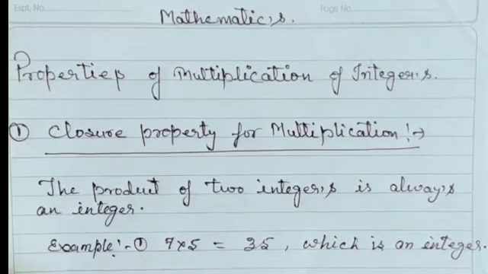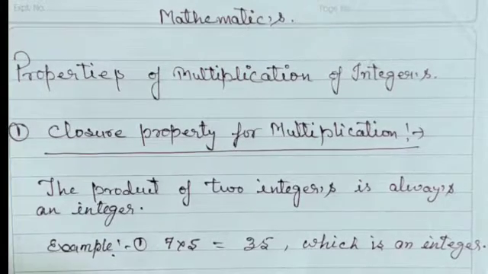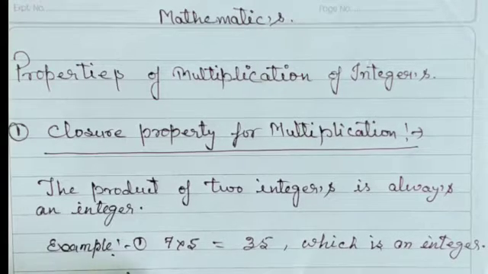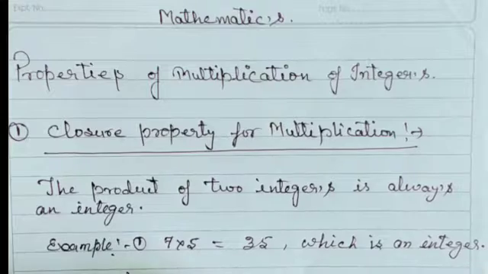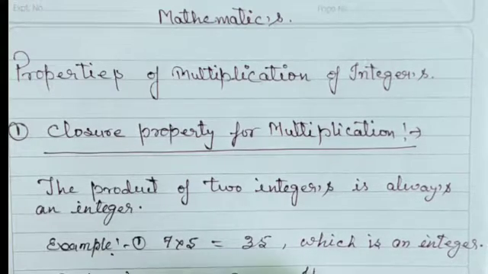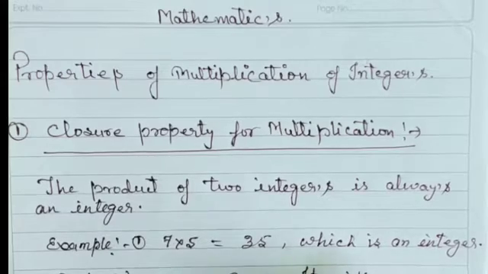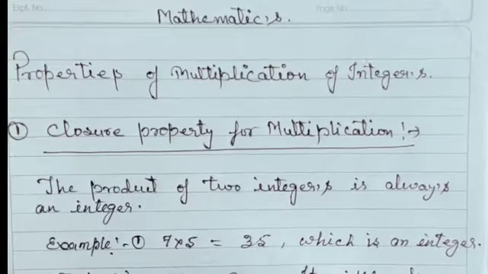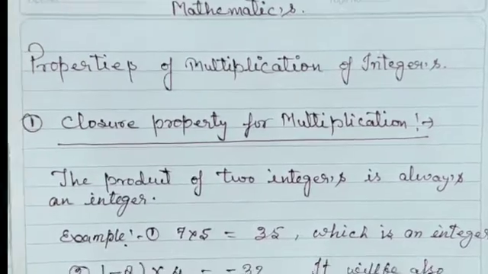Second example, we take -8 and multiply it by 4. What will be equal? -32. So it is also an integer.